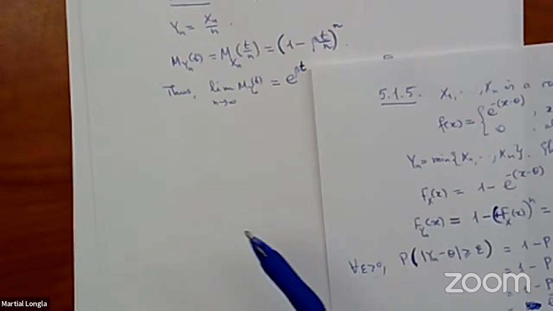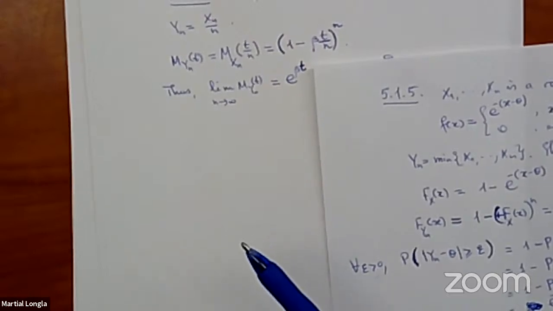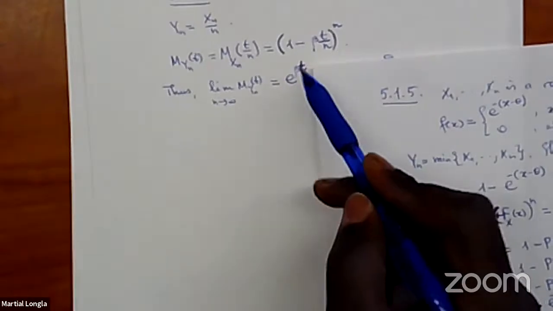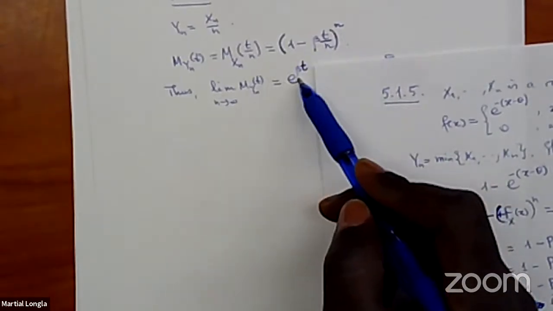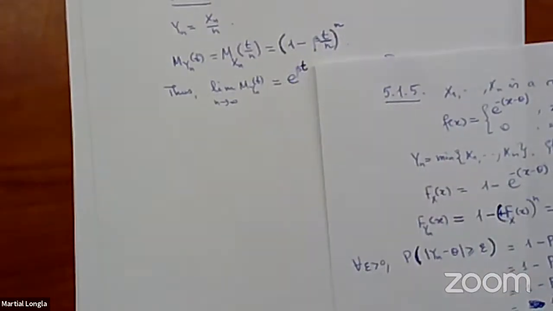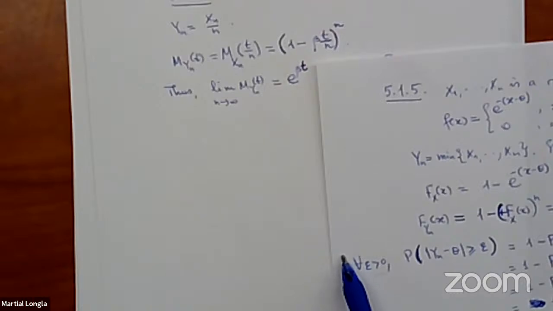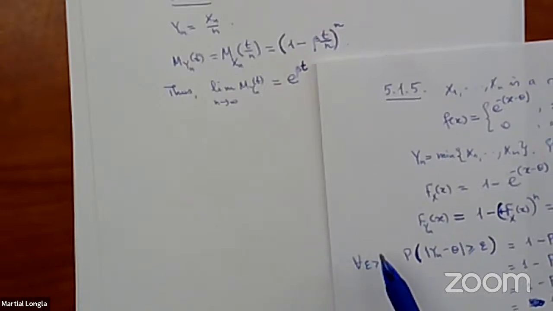When we take the limit, the same rule we applied in the previous problem works. The limit of this function is e to the beta t. So the moment generating function converges to e to the beta t, and this is the moment generating function of the random variable that Yn converges to. And the question is, what random variable is this and why?